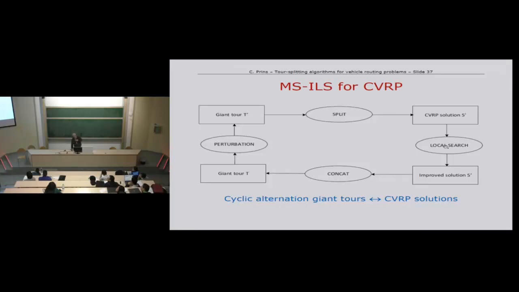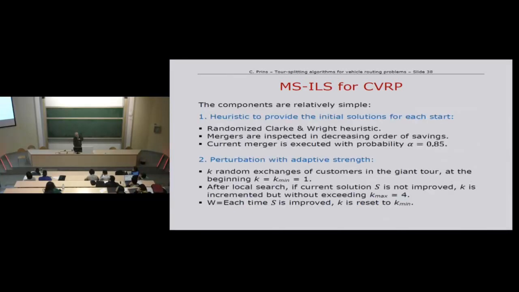You execute the local search, you obtain an improved solution S prime. You concatenate its trips to obtain a new giant tour. So in fact, the metaheuristic executes this cycle. There is a cyclic alternation between the giant tours and the CVRP solutions.